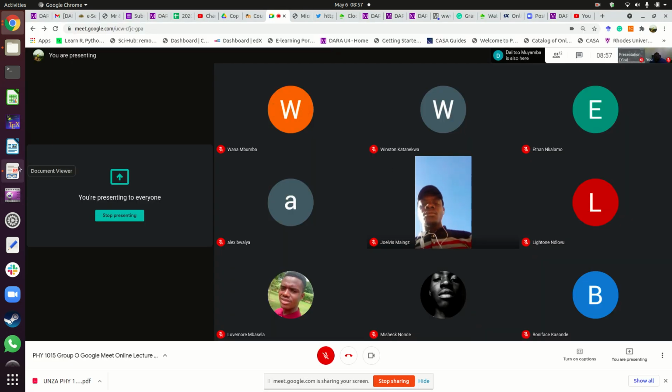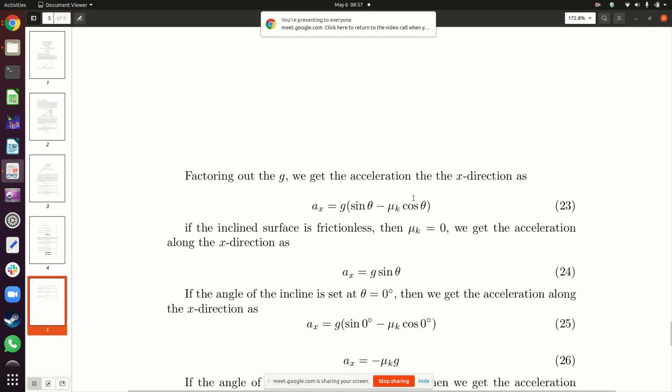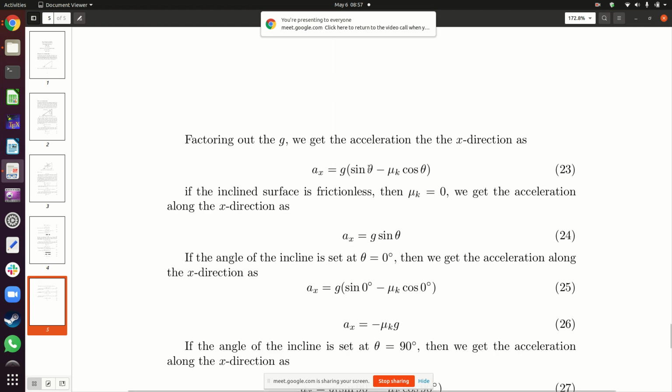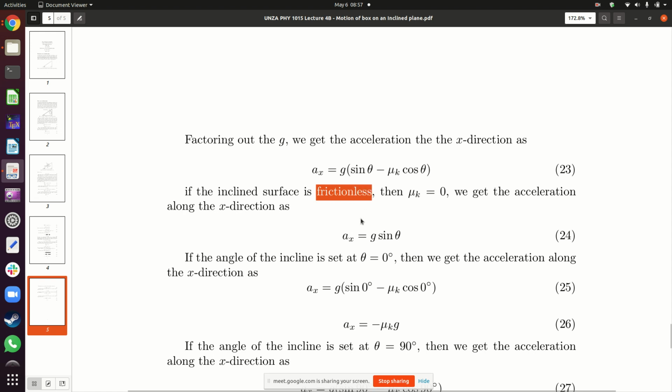So with this expression of acceleration, we can use it in different ways. For example, if you assume that your box is sliding on a frictionless surface, meaning that this surface is so smooth that there is no friction, then the coefficient of kinetic friction is going to be equal to 0.